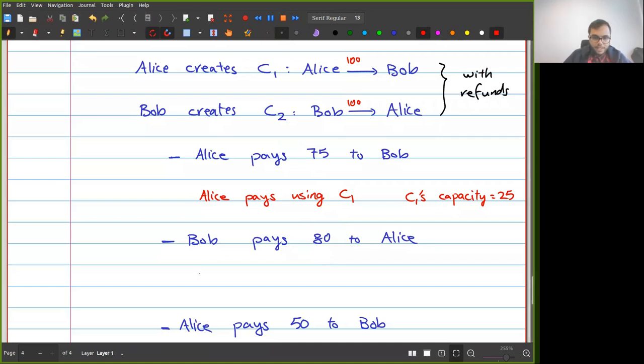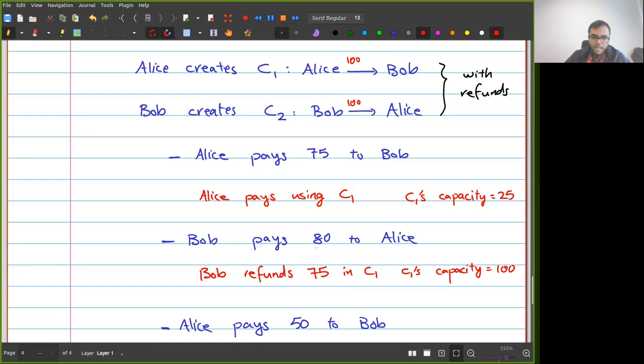So here I say Bob refunds 75 units in C1, and now C1's capacity is back to 100. Right, because I did a refund. Now Alice can again pay up to 100 units in C1 if she wants.